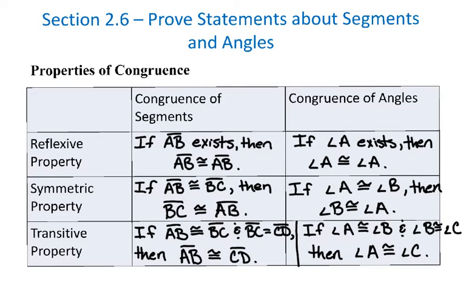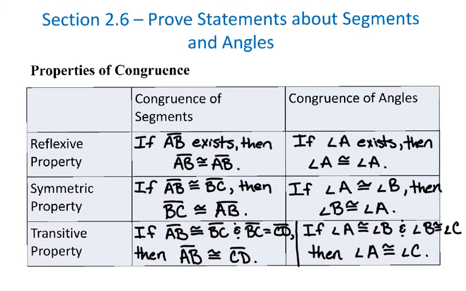We have properties of equality, which also coincide with properties of congruence. So here's all of our properties of congruence using the reflexive, symmetric, and transitive properties. So congruence of segments, this is what it's going to look like. If AB exists, then segment AB is congruent to segment AB.